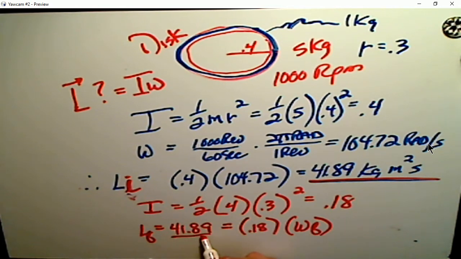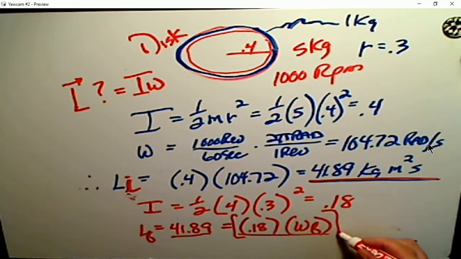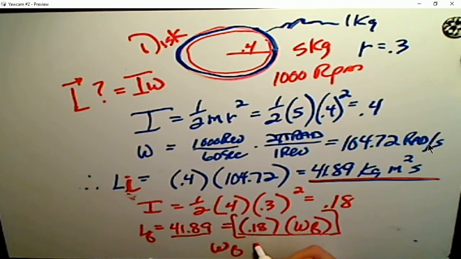So whatever the angular momentum was in the beginning must equal the angular momentum at the end. Obviously, our speed is going to change. Our speed is going to increase. So if you take 41.89 and divide it by 0.18, I'm going to get something like 233 rads per second.